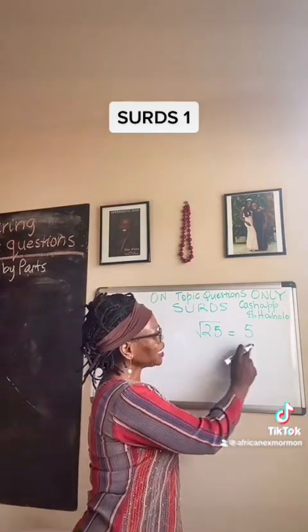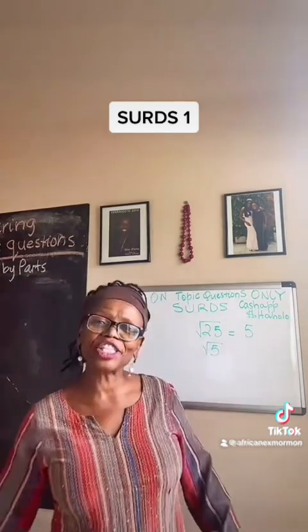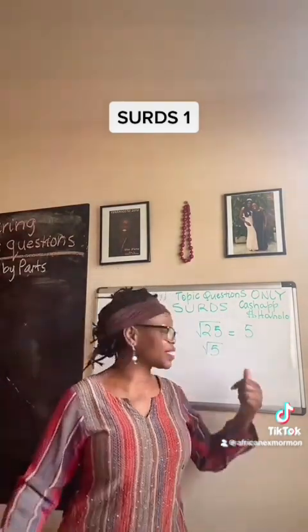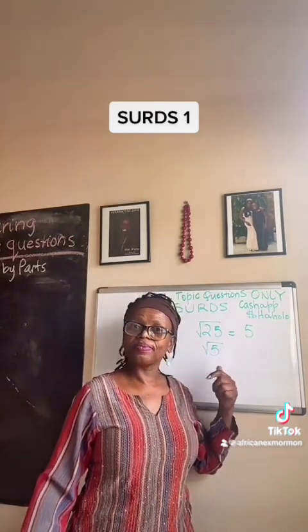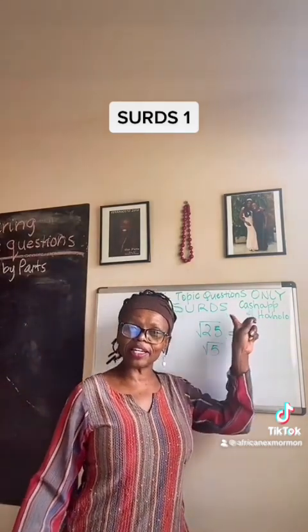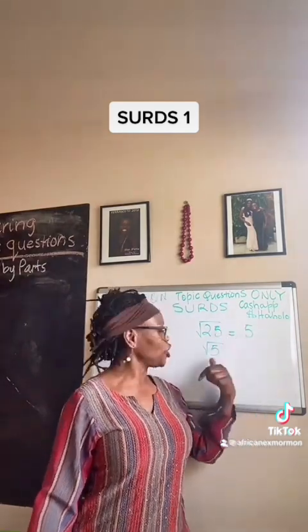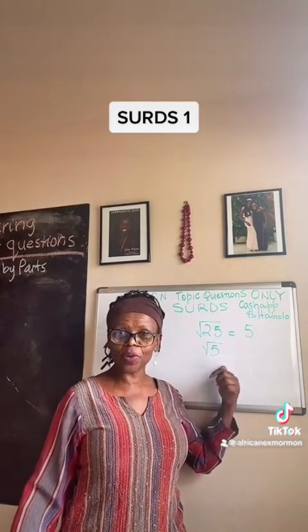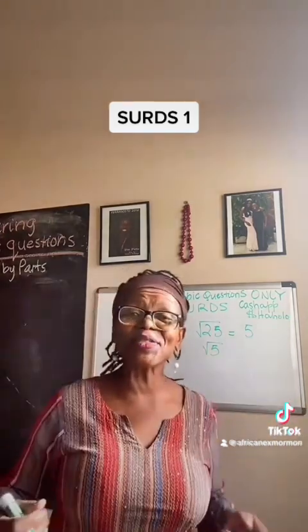Now, let's say I were to ask you, what number multiplied by itself gives you 5? Can you use the same mechanism that you used to find that the square root of 25 is 5? There isn't one.